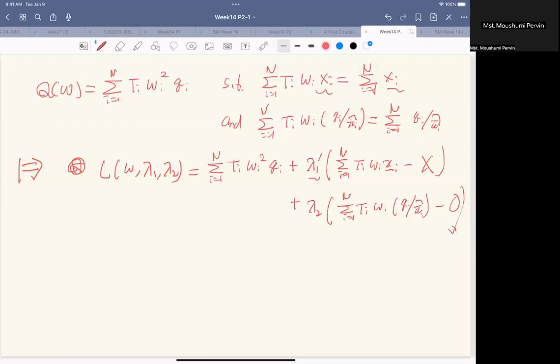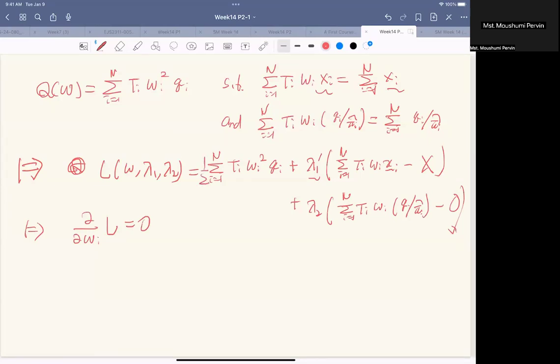So that is the Lagrange multiplier. And then you solve this, right? So if you do that, you may want to use this one.